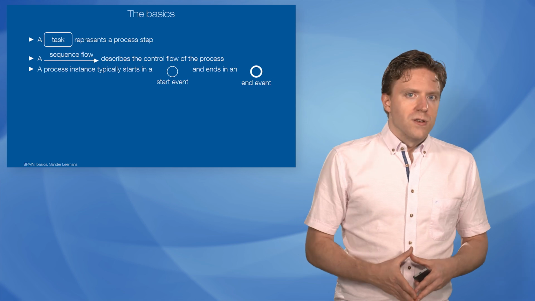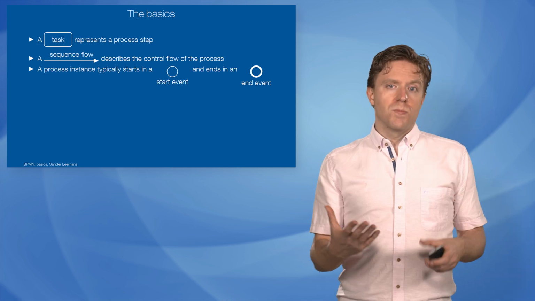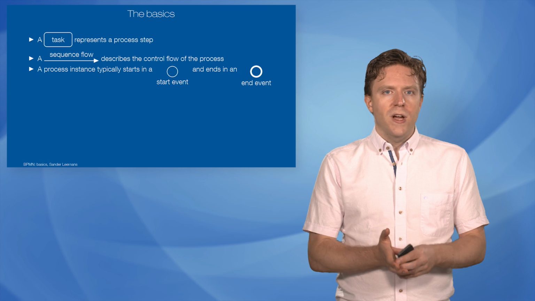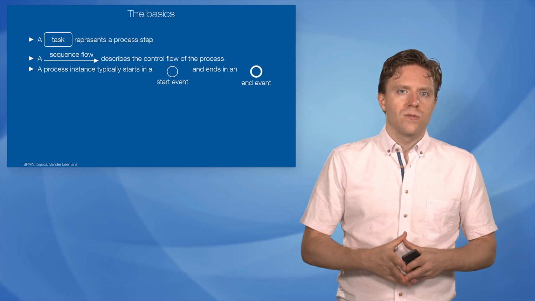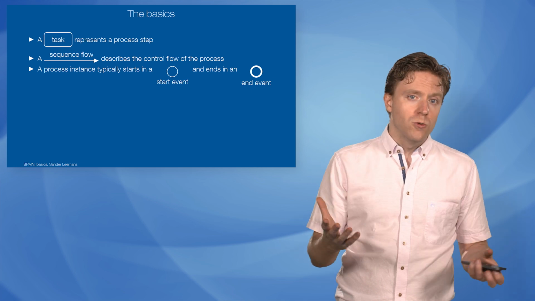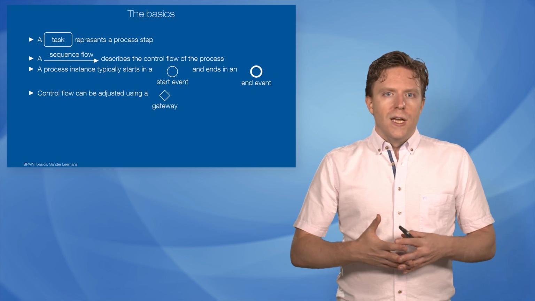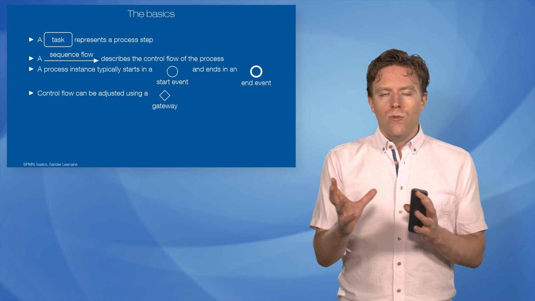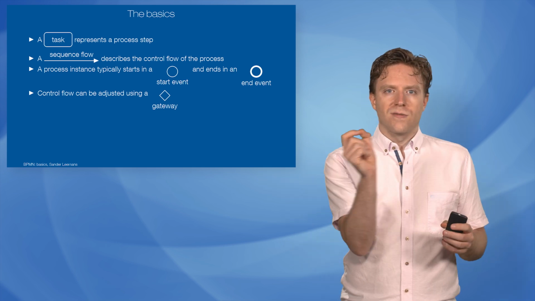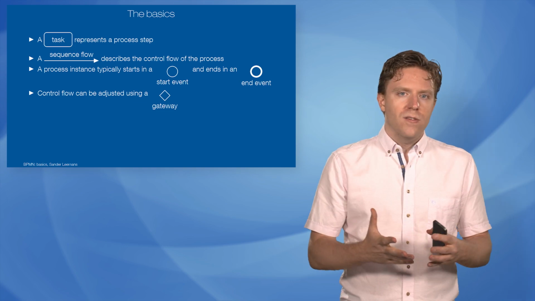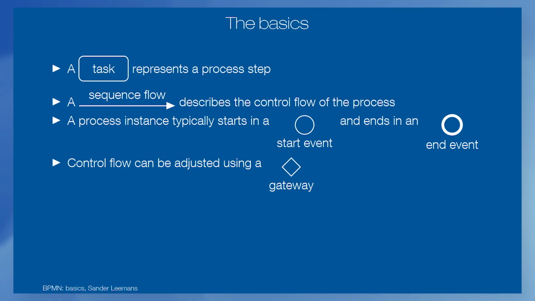Most processes are not a straight sequence of steps. There might be alternative paths, or there might be parallelism or loops. So in order to steer the control flow out of this kind of straightforward path, we can use gateways.